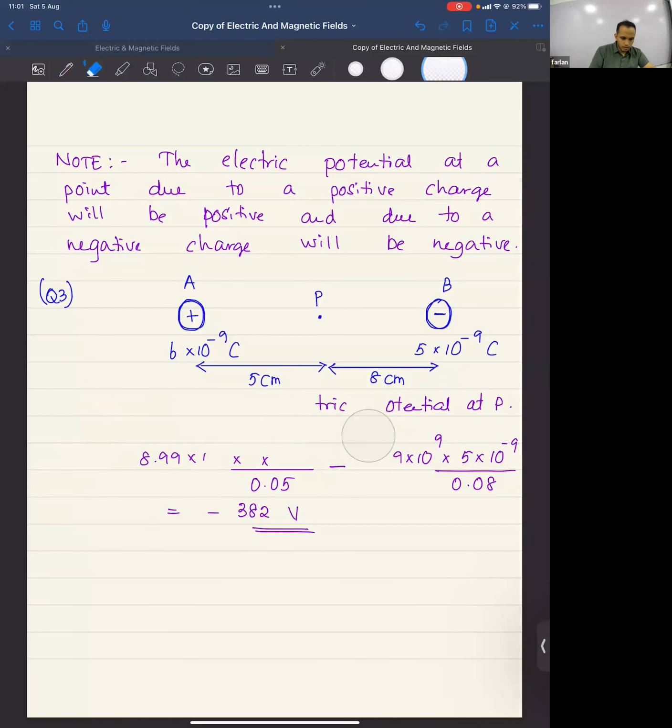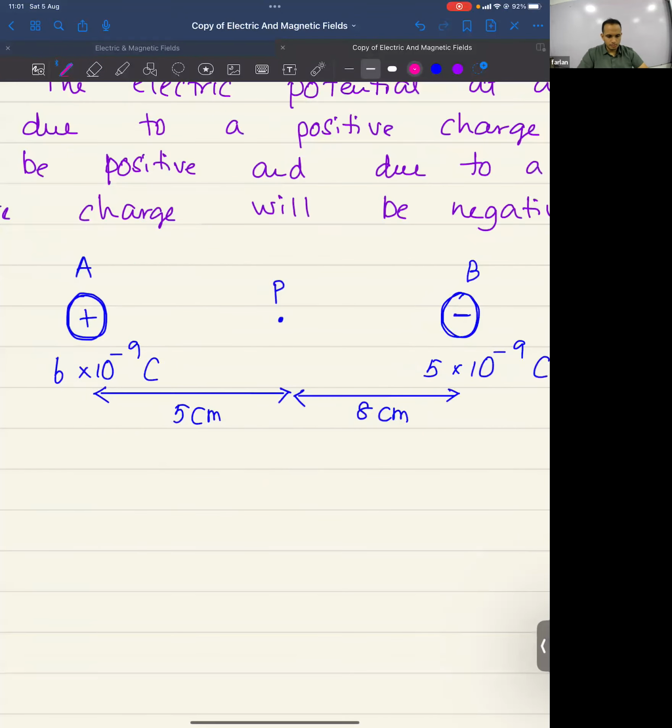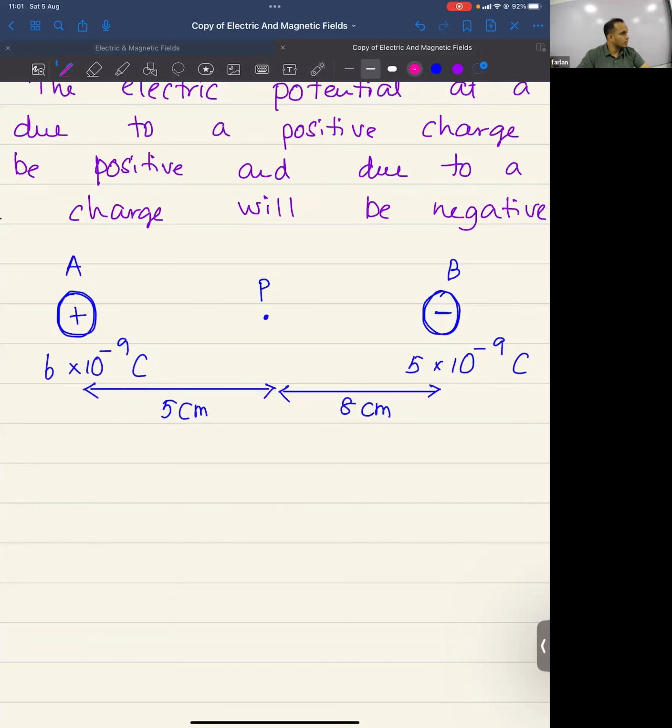Right, here's question 3. Draw this diagram. A is a positive charge, 6 into 10 to the power minus 9 coulombs. B is a negative charge, 5 into 10 to the power minus 9 coulombs.